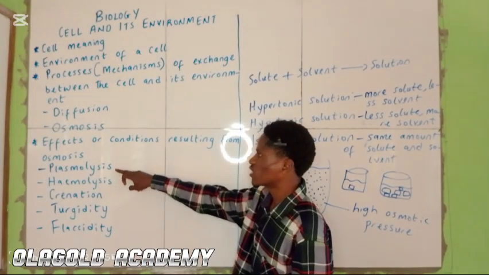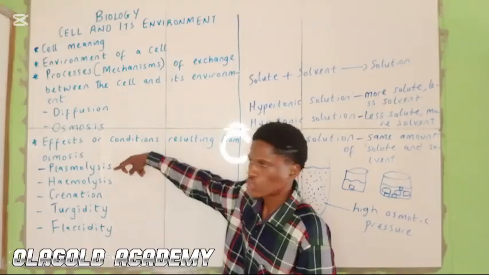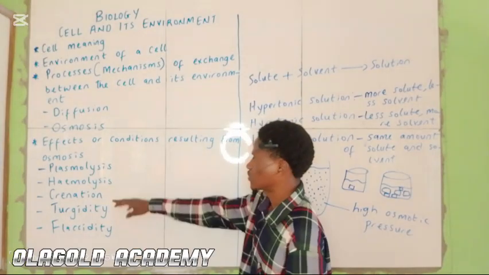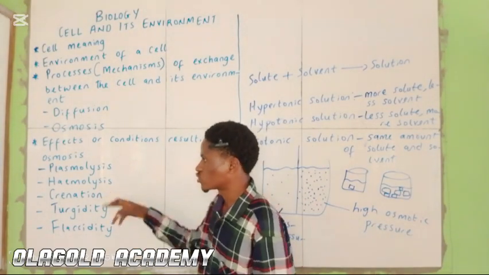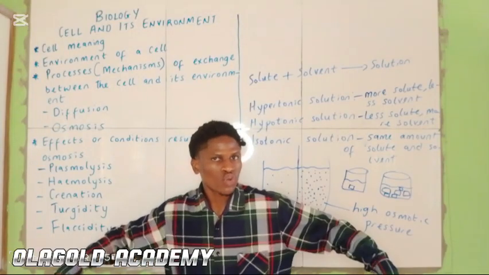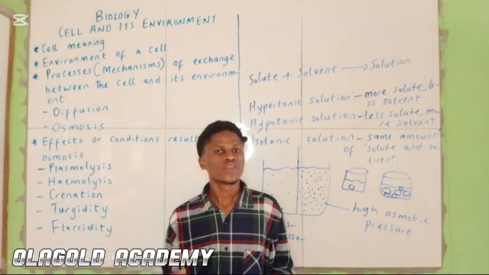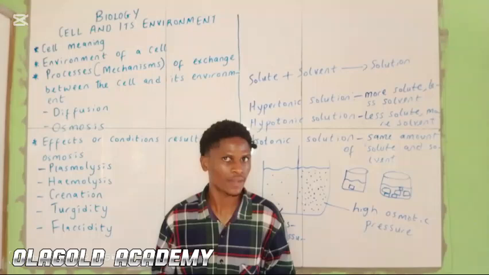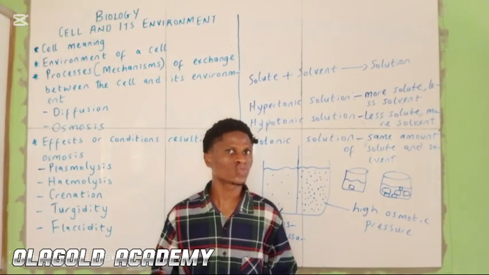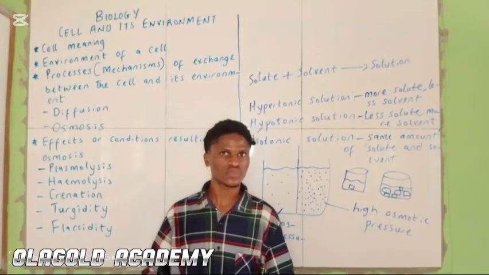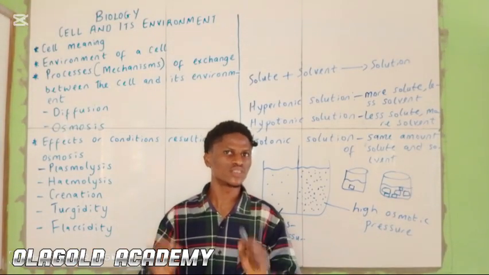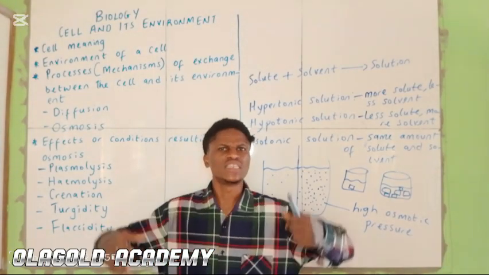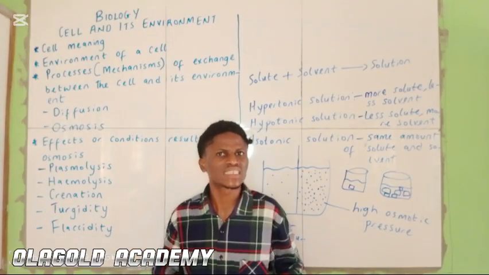But plasmolysis occurs in plants, while crenation occurs in red blood cells. Crenation gives out water because the cell found itself in a solution where there is less water concentration, so it gives out the water molecules it has inside the cell.